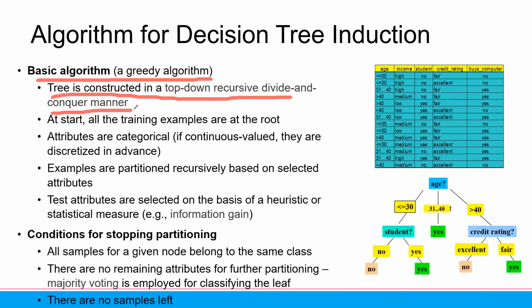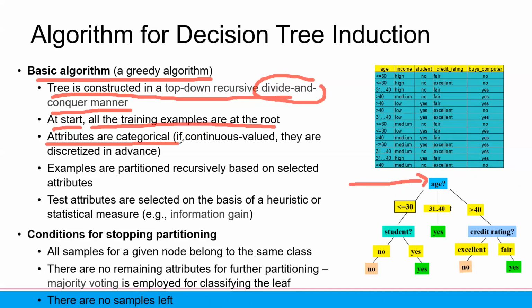Divide and conquer, I think if you learn data structures and algorithms, you will learn about this terminology. At the start, all the training examples are at the root. We call this the root.